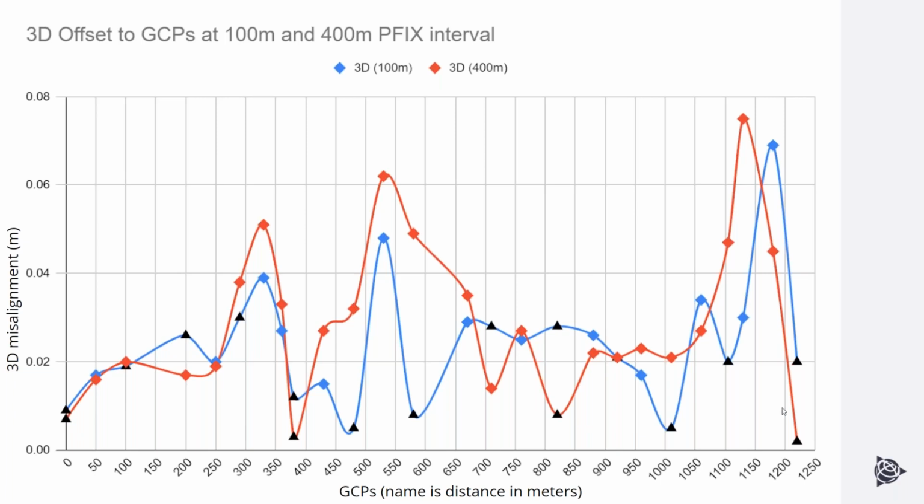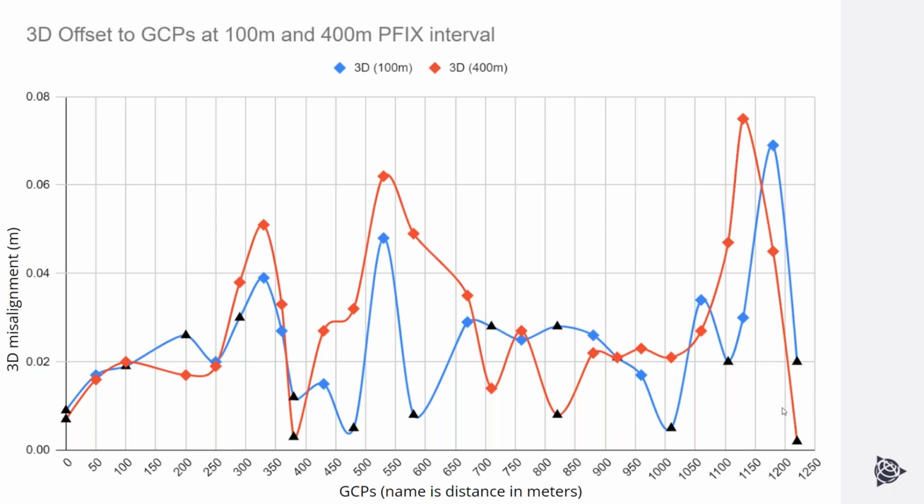But what is interesting to see here is that the blue line is clearly a bit better, but the difference is not super significant. This means that even with a couple of Pfixes in a tunnel, you might get rid of most of the offset, but the more dense GCPs or Pfixes you have, the better the solution will be.